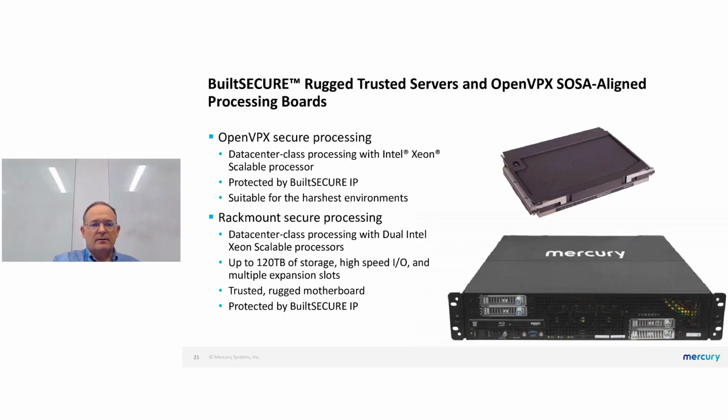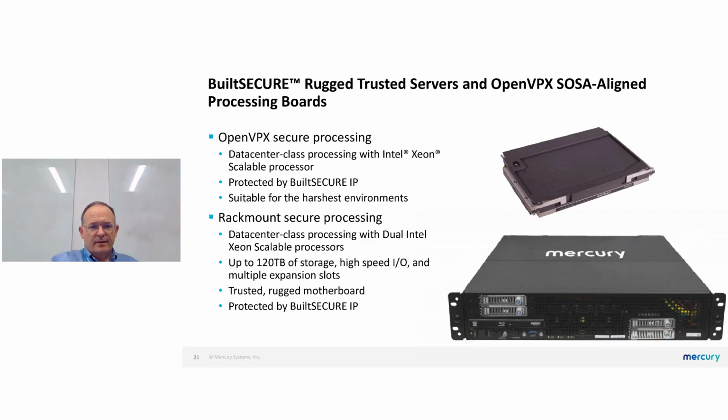This is a ruggedized solution suitable for the most harsh environments. And the ability to provide Xeon processing in this form factor is a unique Mercury capability. Additionally, these are protected with Mercury's suite of built secure IP to provide the level of trust and assurance you need for solutions that require security.